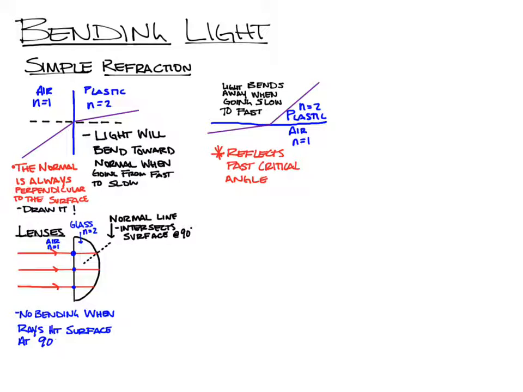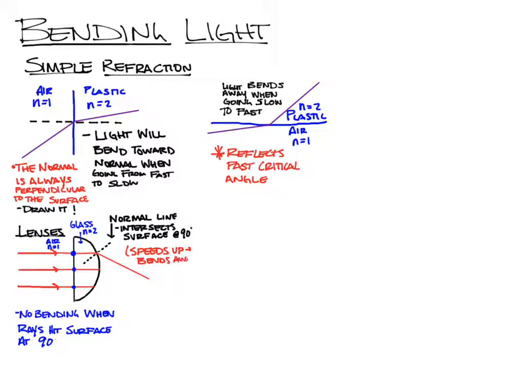Because we're going from glass into air this time, we're speeding up, which means we're going to turn away from the normal. So let's see what that looks like. Now, that is without it bending at all. If we're going to bend away from the normal, it's going to go lower than that line. That's how it's going to bend. That is bending away from the normal line. It speeds up, so it bends away.